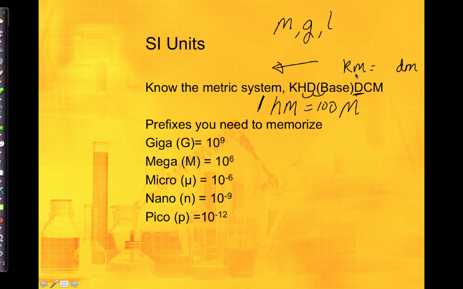Okay, so which one would be larger? Kilometer, because it's more towards the left. So 1 kilometer is equal to lots of decimeters. So now count. How many times is it between the kilo and the deci? 1, 2, 3, 4. 4 spaces, that means 4 zeros. Okay? This is just something useful to know.